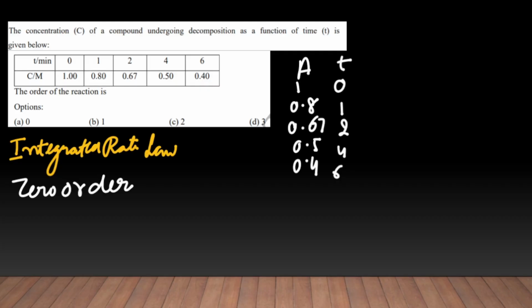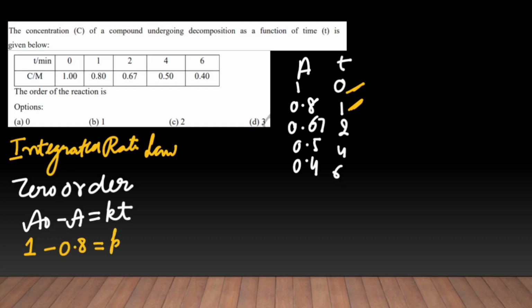For the zero order, the integrated expression is A naught minus A equal to kt. Using the data, first is this one: this is the A naught value and this is the remaining concentration A. So the initial one is 1 minus the remaining, which is 0.8, equal to the rate constant k times the time span.